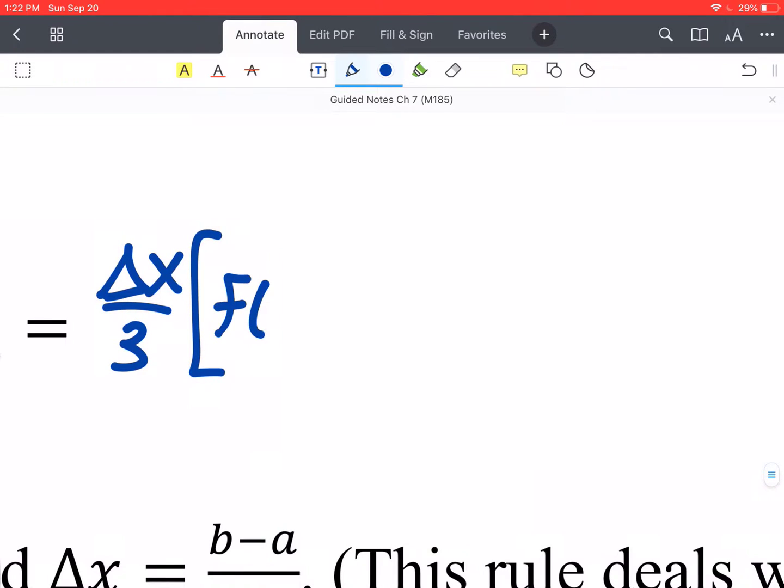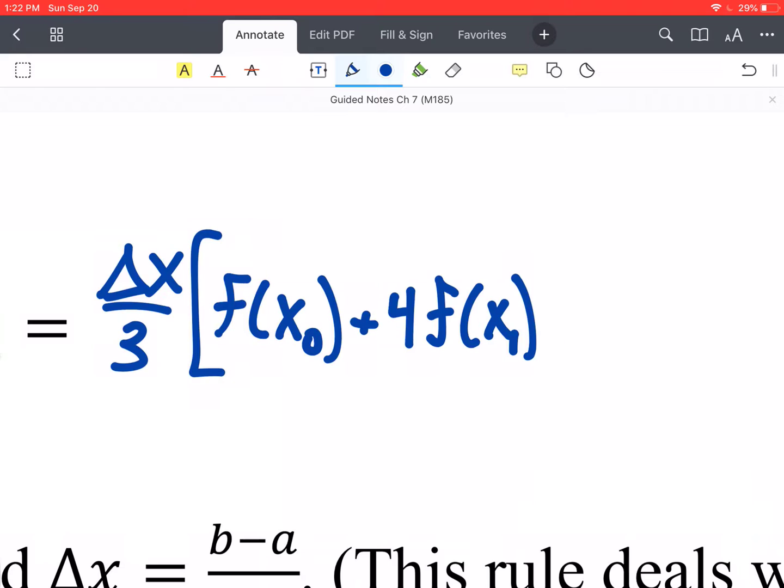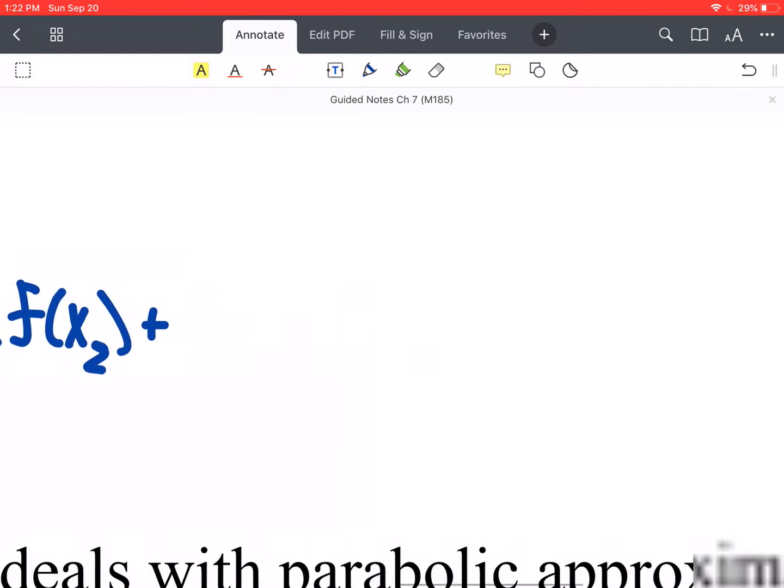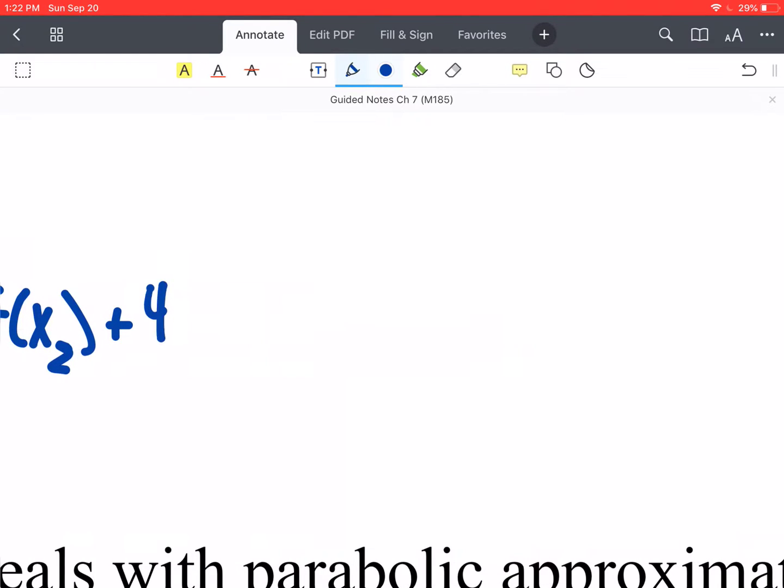times f of x sub 0 plus 4 f of x sub 1 plus 2 f of x sub 2 plus 4 f of x sub 3, etc. And this pattern of 4, 2, 4, 2, etc. repeats all the way to the second to last term.